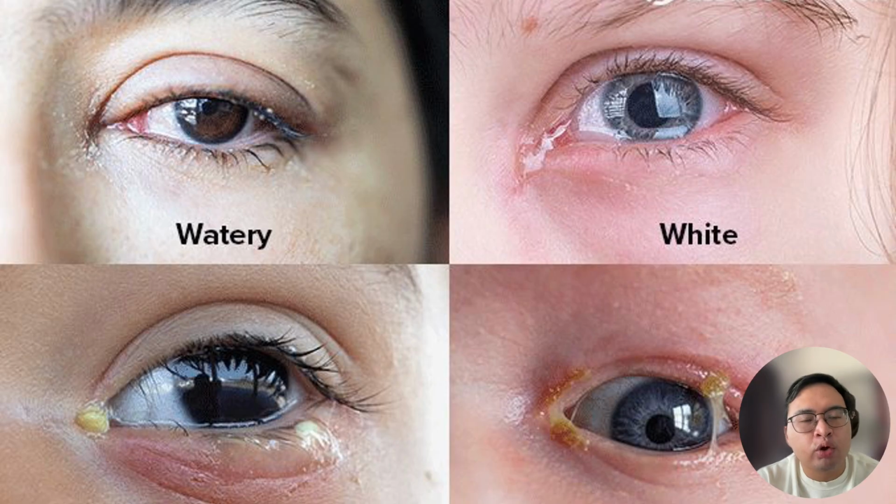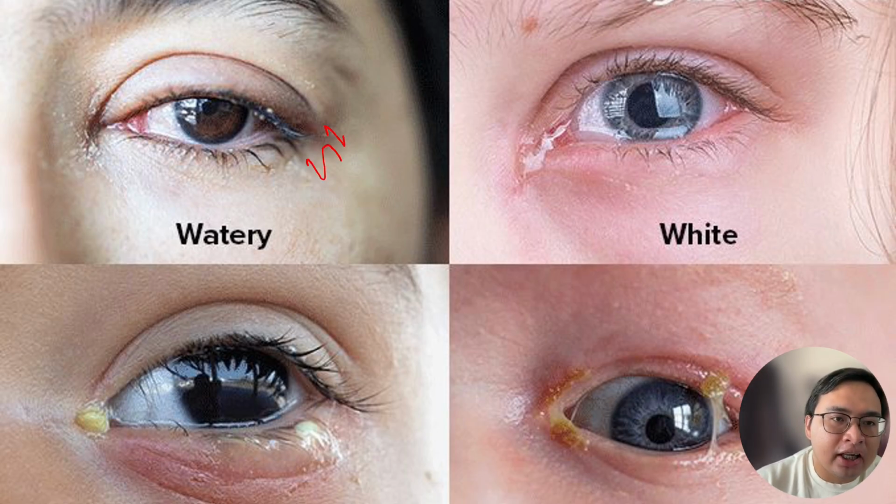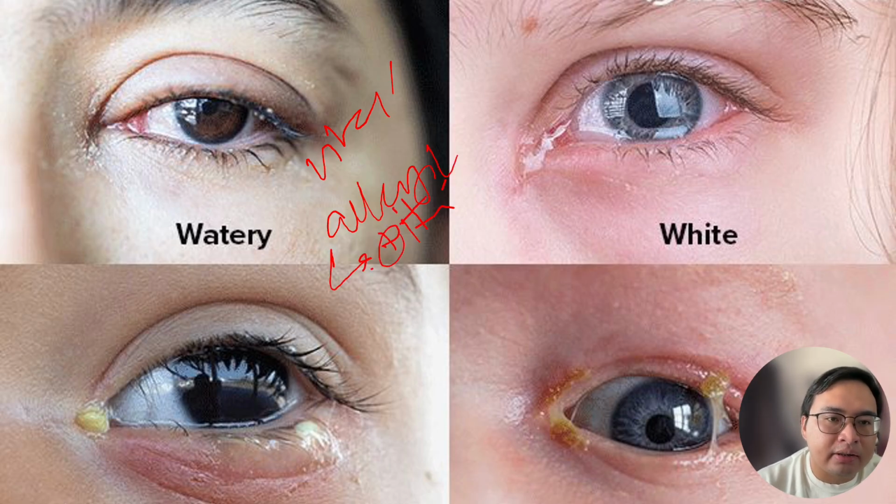Aside from that, we have to clarify the type of discharge. So it could be either watery or white. If it's watery, there are two types there. So it could be either viral or allergic. If there is intense itchiness, then it's going to be more allergic. Right?